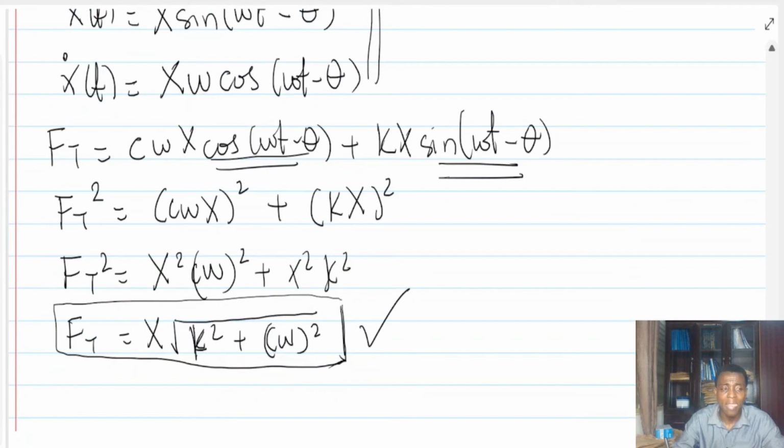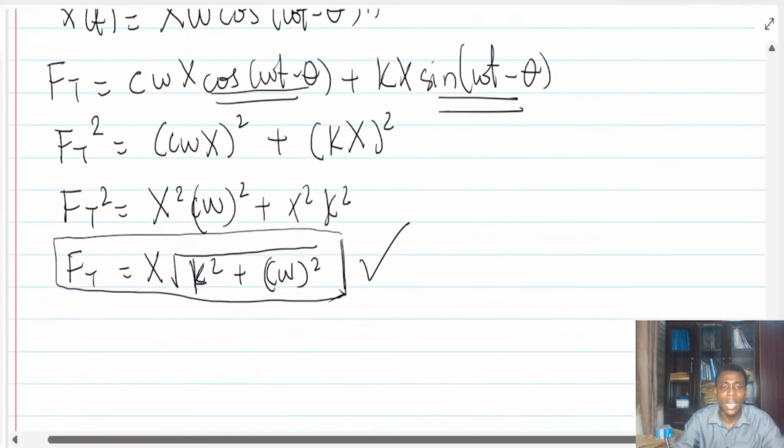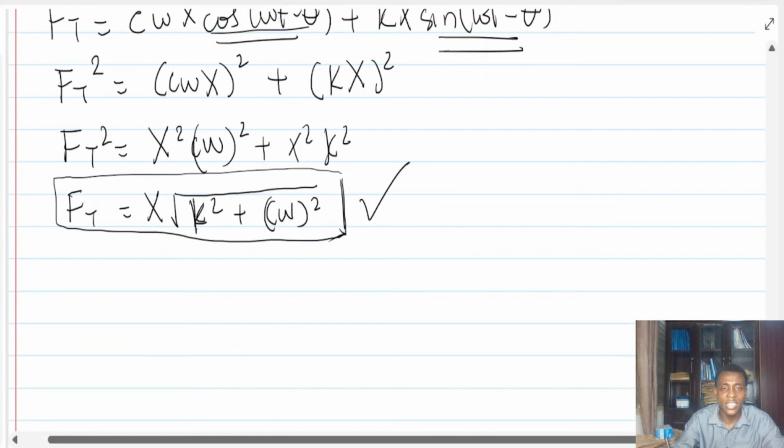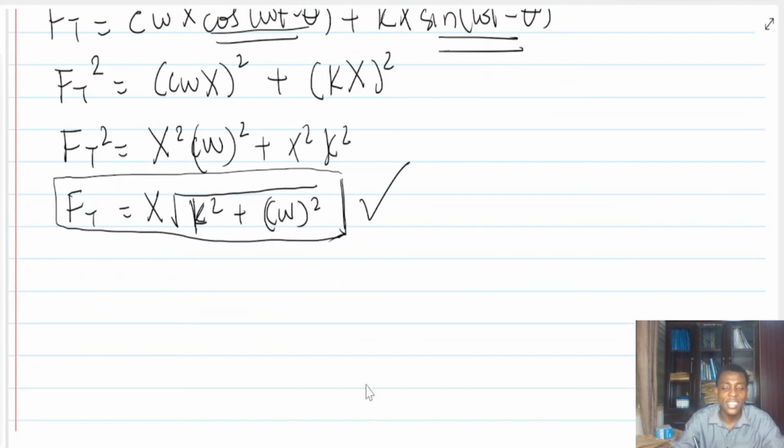Is that right? Okay. Now, this is very much interesting. I like playing around with equations. Again, let's play around with some equations. This time around, I want us to find a certain quantity, and this quantity is actually called the transmissibility.